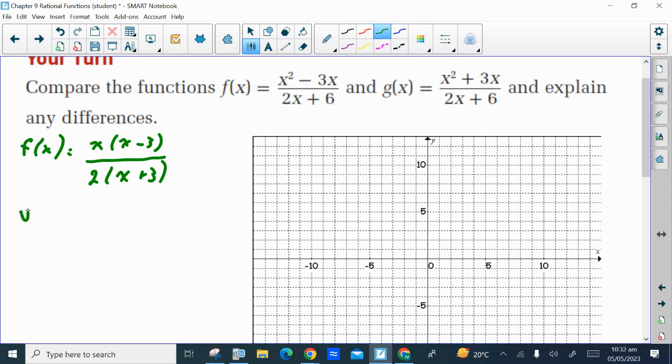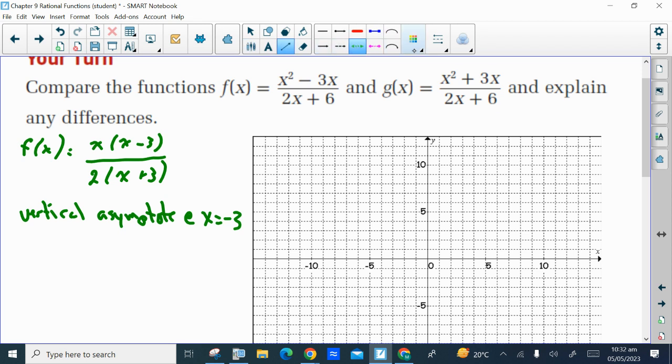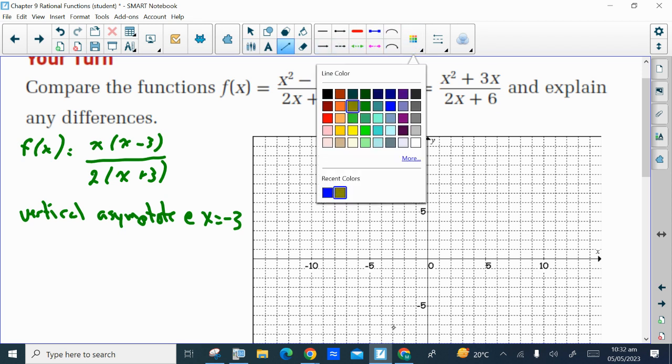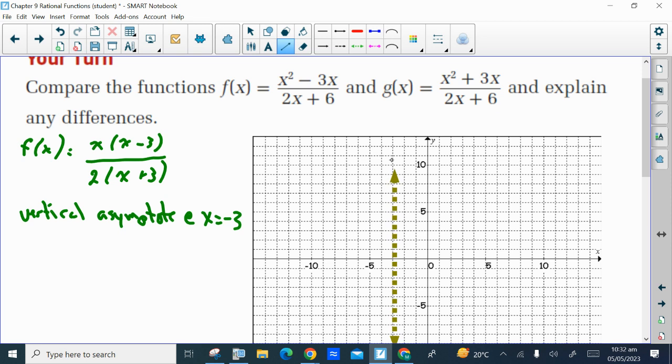So therefore we're going to have a vertical asymptote at x equals -3. And because the numerator is a degree higher than the denominator, we're also going to have a slant asymptote there.